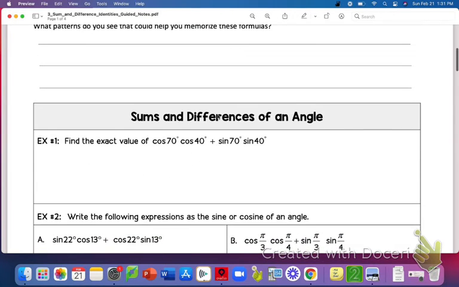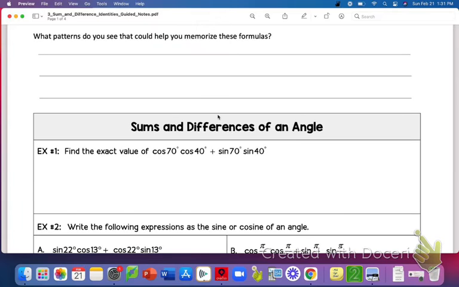So what patterns do you see that could help you to memorize these formulas if you were requested to memorize them? I would write something to the effect of that your sine keeps your operation when expanded.